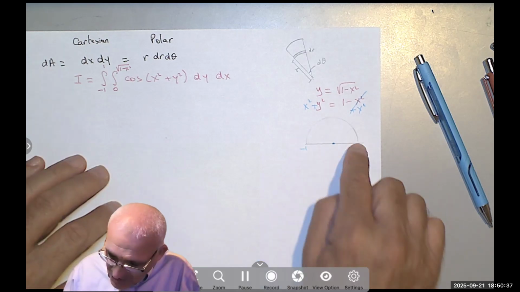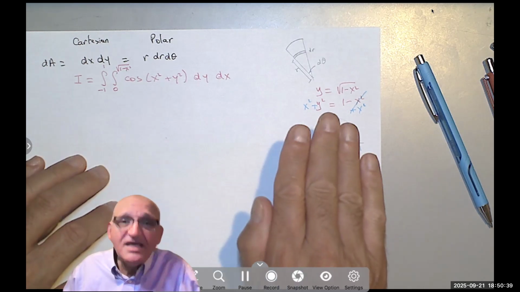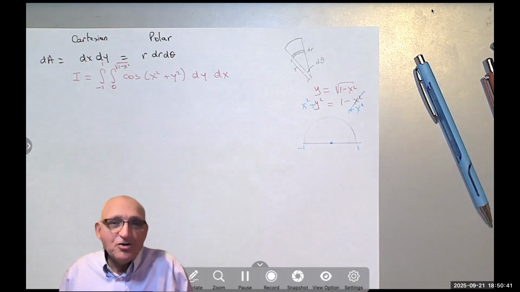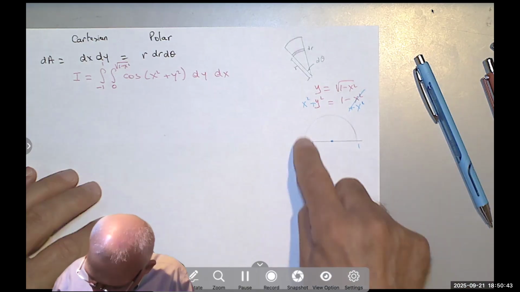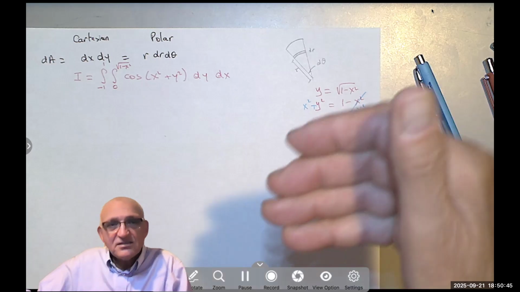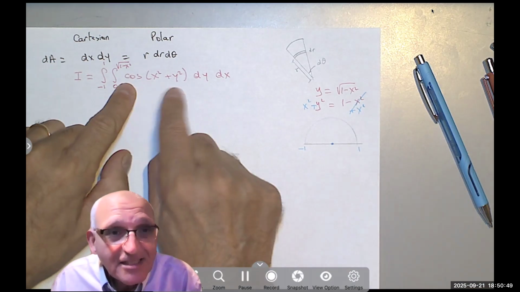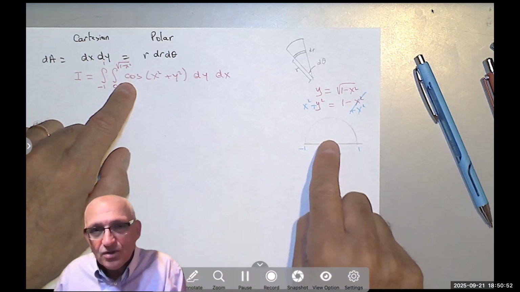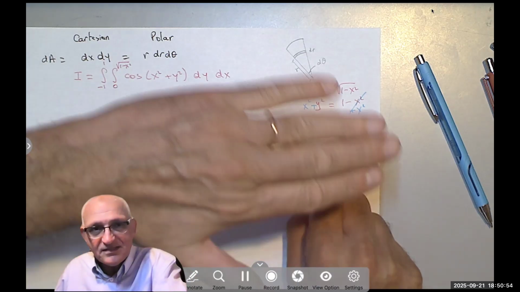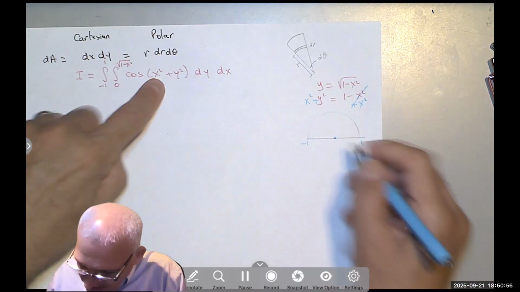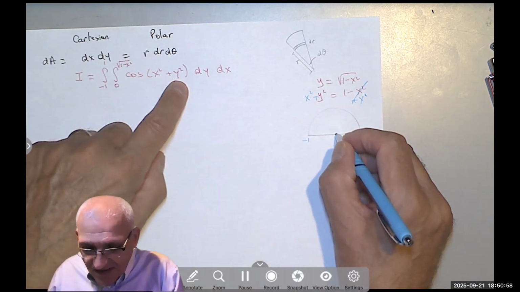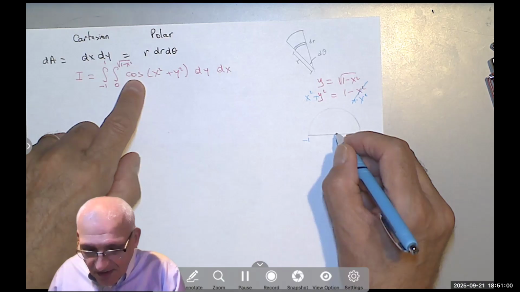If that half a circle has a height of 1, its volume would still be pi over 2. It's pi r squared over 2 times the height, which is 1. But when you multiply it by something, you say, oh, that's not a uniform height. At this point, x is 0 and y is 0, so you get a height of 1.